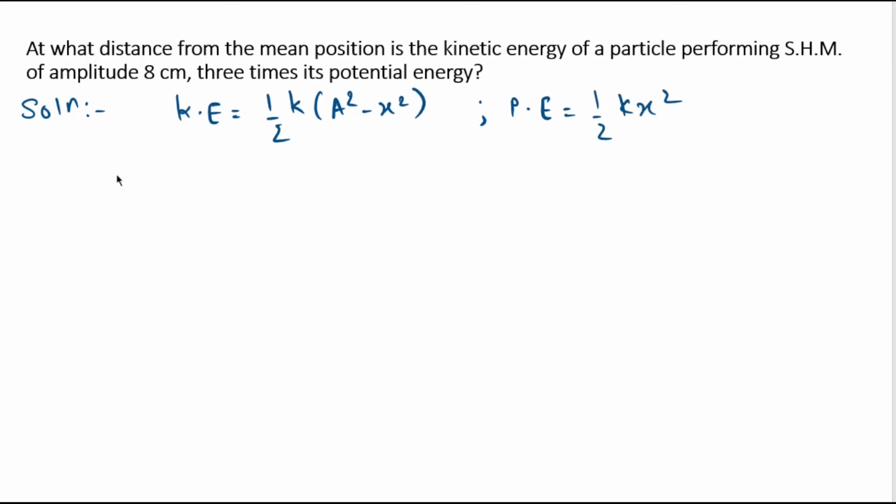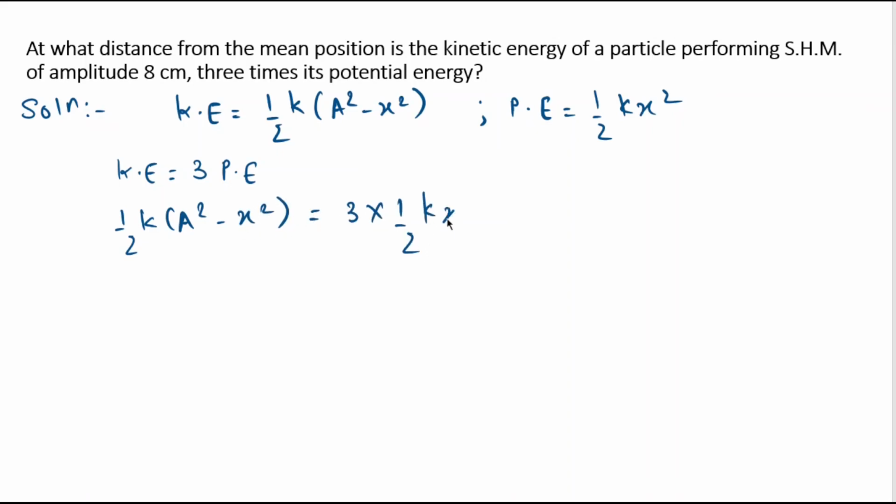Now according to the given condition, they have said that kinetic energy is 3 times the potential energy. That is, kinetic energy is equal to 3 times into potential energy. So putting these two values here, we get half k into a square minus x square equal to 3 into half k x square.